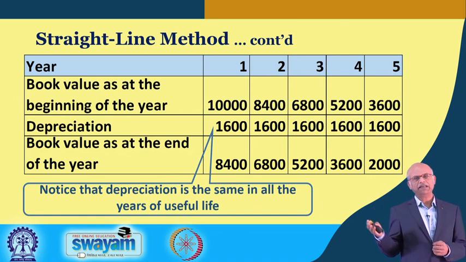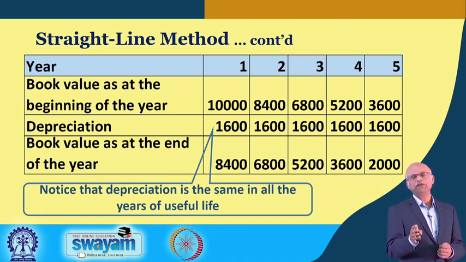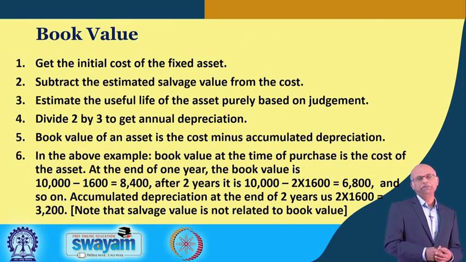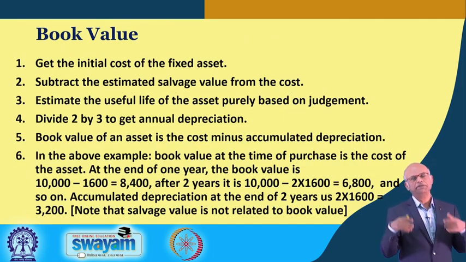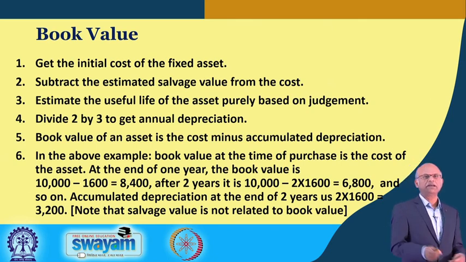So, every year in the balance sheet you will show the net value, that is, book value at the beginning minus depreciation. There is a concept of accumulated depreciation. I will come to that very soon.